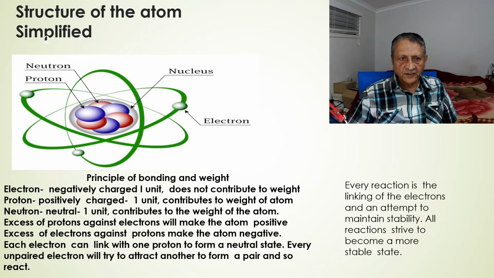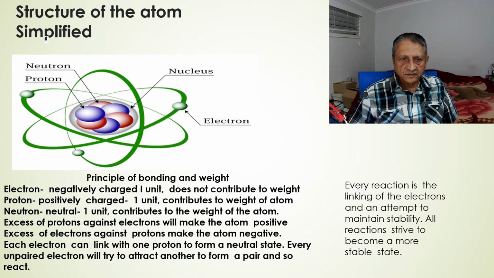The first thing is we have to learn that an atom of an element consists of a neutron, which is a heavy particle, and a proton, which is a positively charged heavy particle. The nucleus contains these two, and around the nucleus will be circulating groups of electrons.